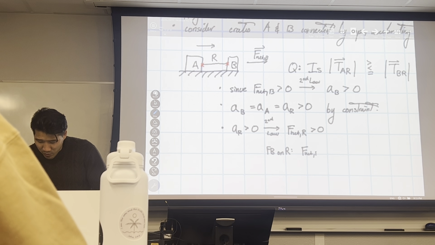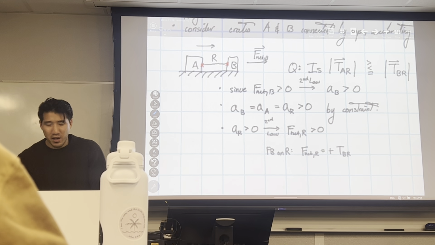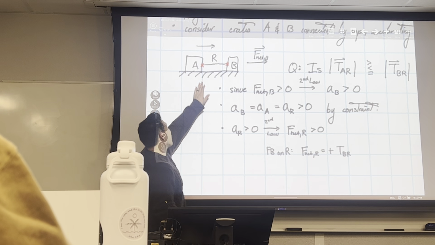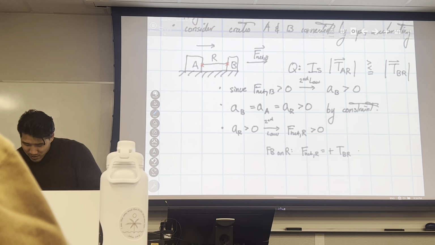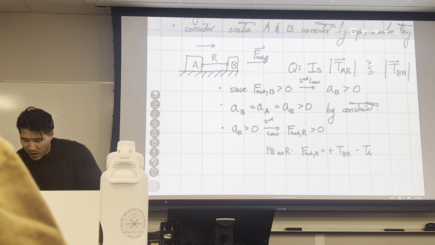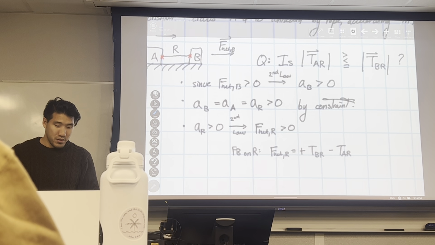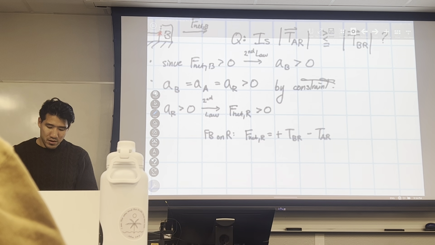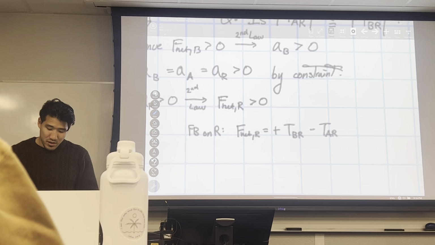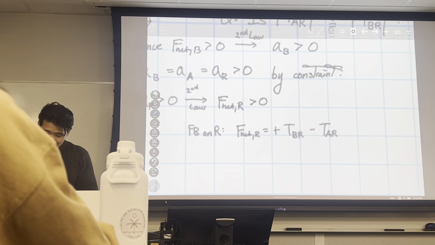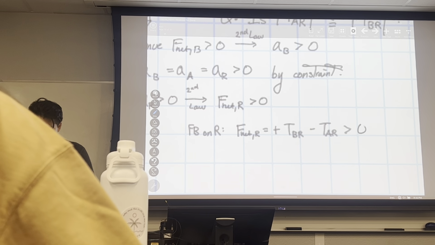So then the net force on the rope is positive tension of B onto R. And we have object A trying to pull it backwards, minus tension of A onto R. But we just discussed that the net force on the rope has to be greater than 0.